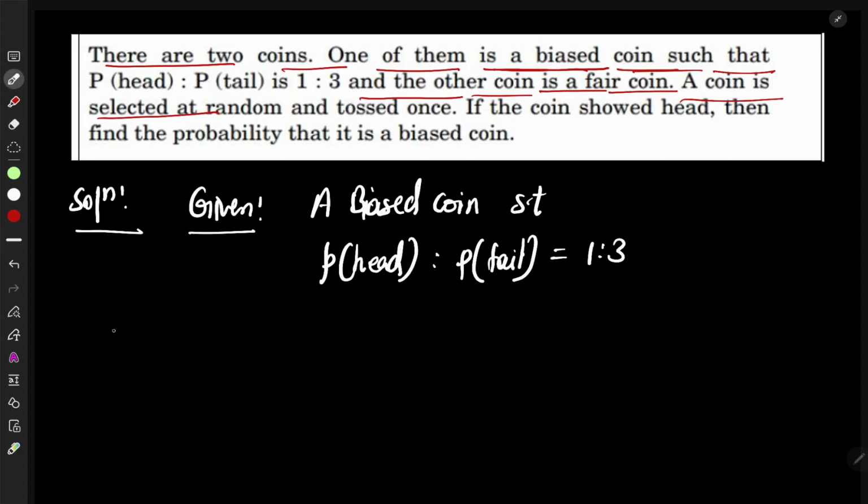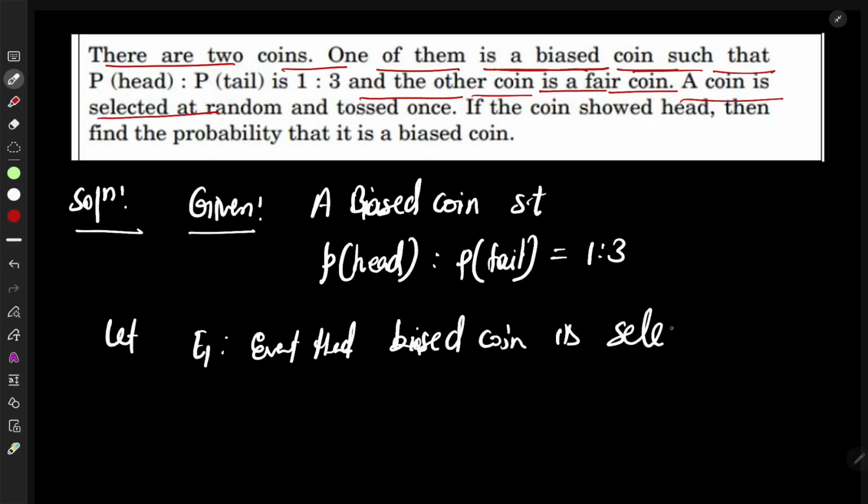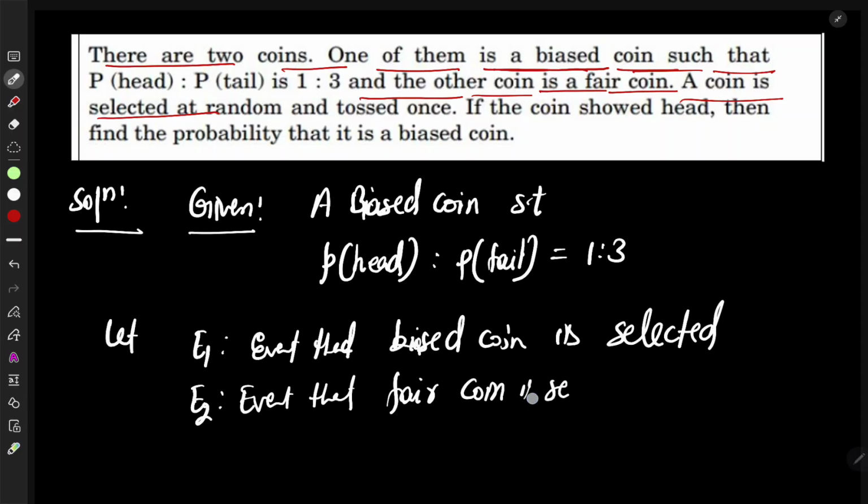So you need to write here, let E1 be the event that the biased coin is selected, E2 the event that the fair coin is selected.